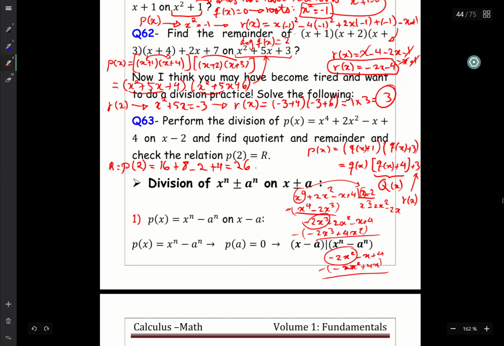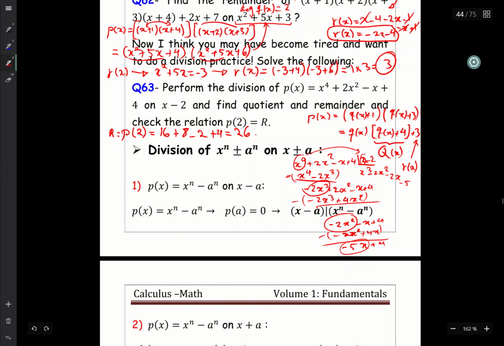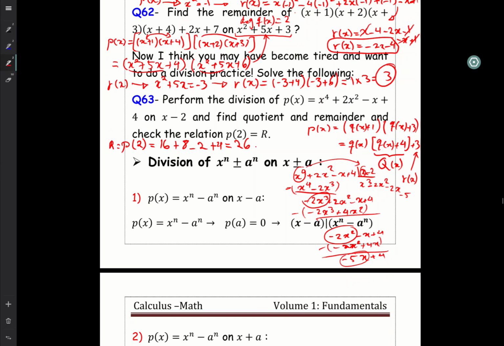It becomes minus 5x plus 4, and then divide this by x, minus 5 here, minus 5x plus 10, and then we end up with negative 6.